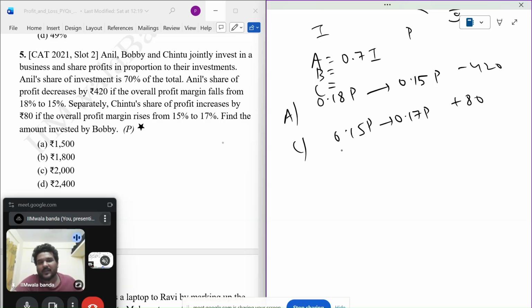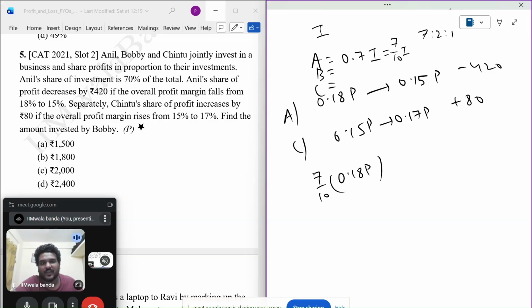See, now what is happening is that this profit that he has got, this is 7 upon 10 I. So whatever I is, everyone will be some fraction of I. Let's say his share is 7 upon 10 I. This is 2 by 10 I. This is 1 by 10 I. So overall, everything will be 7 is to 2 is to 1 in this ratio.